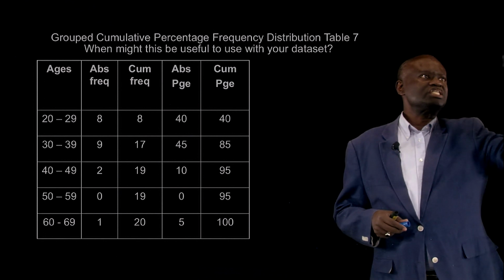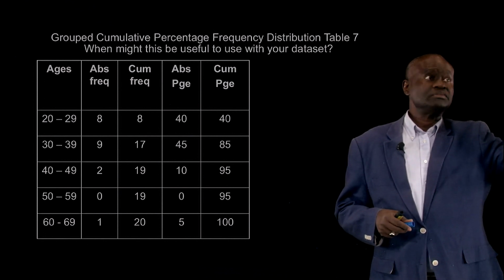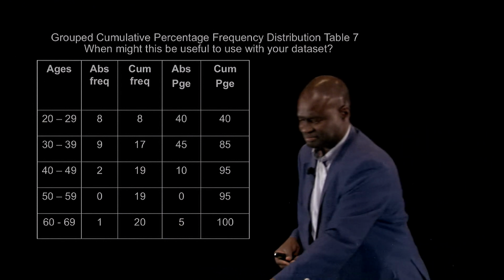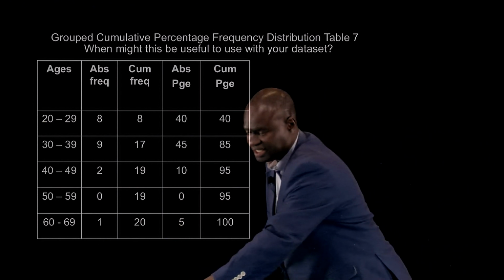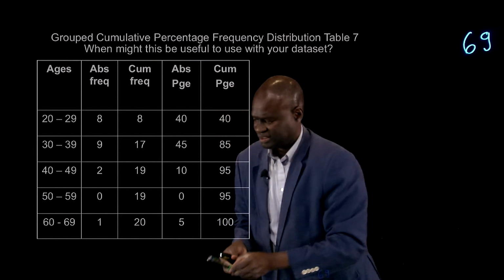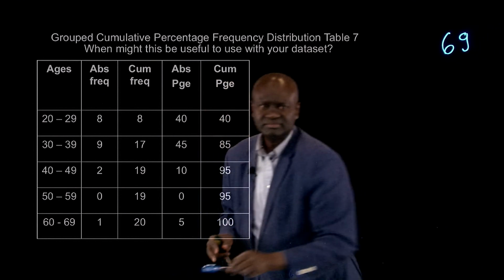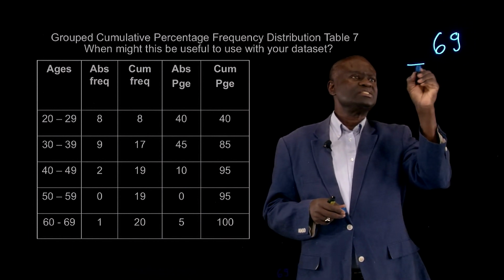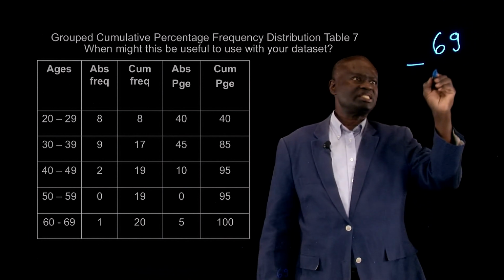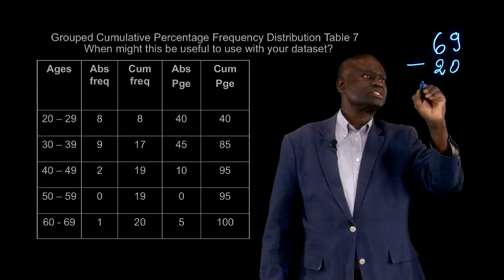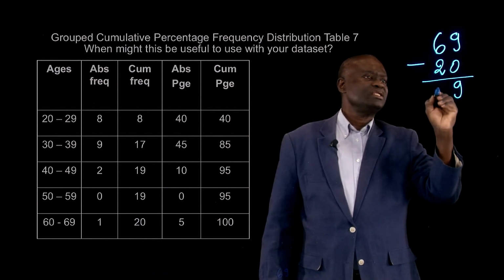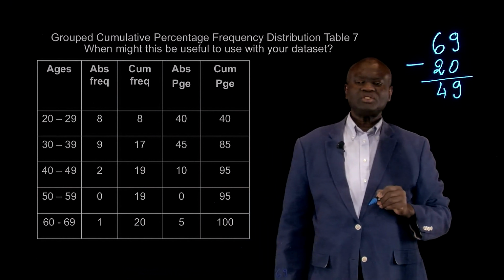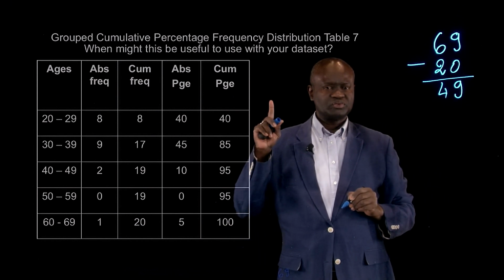The oldest is 69. Okay. And then we subtract the lowest number, that is 20. So it is 49. So 49, we want to have 5 groups.